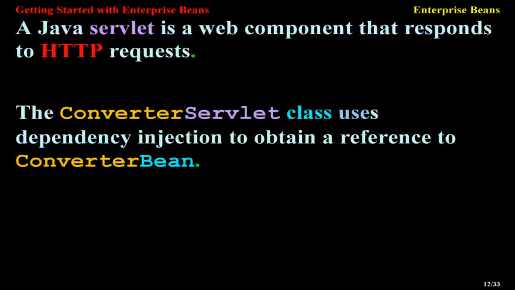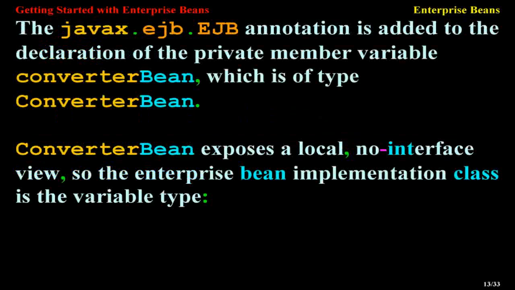The ConverterServlet class uses dependency injection to obtain a reference to ConverterBean. The javax.ejb.EJB annotation is added to the declaration of the private member variable converterBean, which is of type ConverterBean. ConverterBean exposes a local, no-interface view, so the enterprise bean implementation class is the variable type.